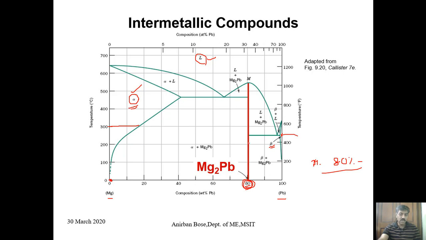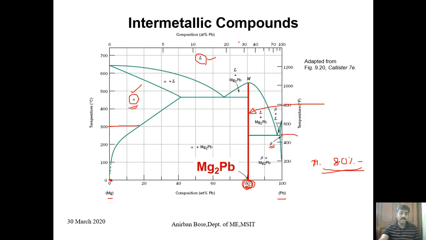So that has been shown as another phase by this red vertical line. This red vertical line basically indicates another solid solution of lead and magnesium, where the percentage of lead is almost fixed at 80%, because this is happening over a very close tolerance of lead or magnesium. So this is another primary phase present in the magnesium lead binary system, and this is what is called an intermetallic compound. Why the name compound?